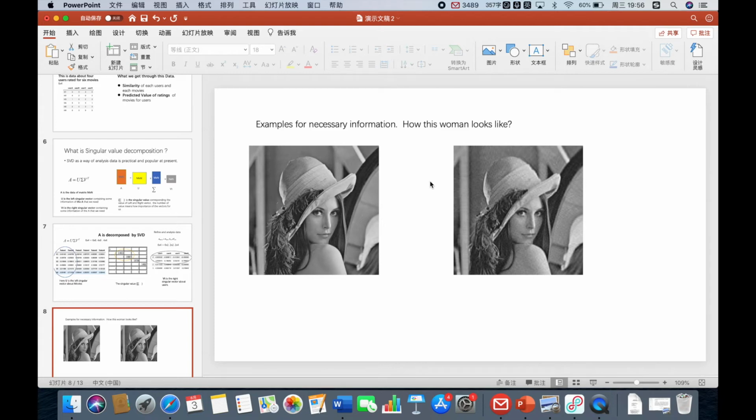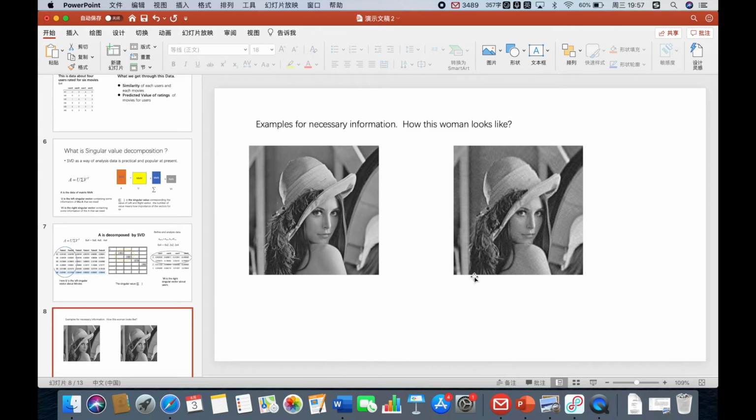The left picture is so clear, and the amount of data in it is much bigger than the right one. But we just need to know what the woman looks like, so we can get the answer from both pictures. We can also use the right one, although it is not clear.